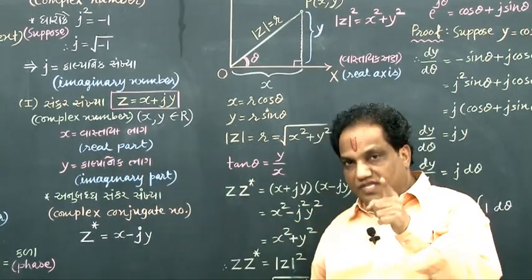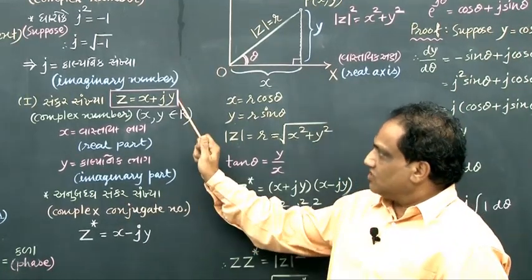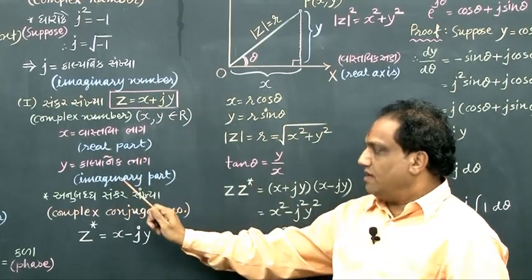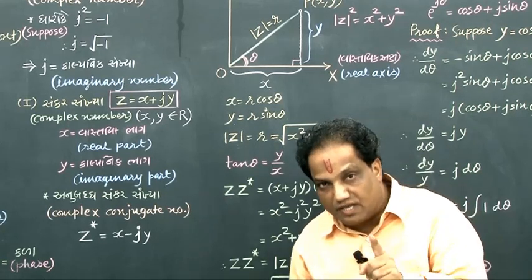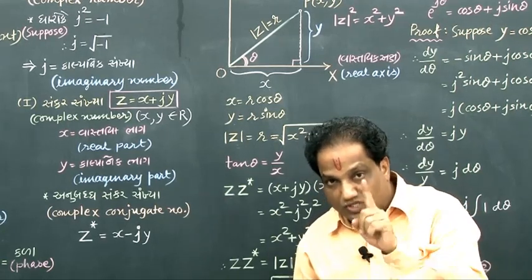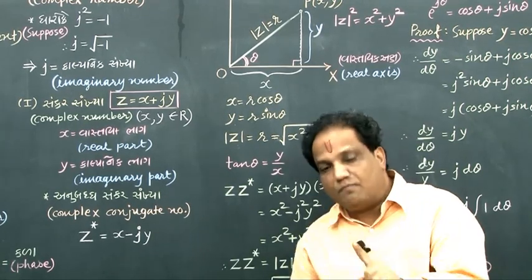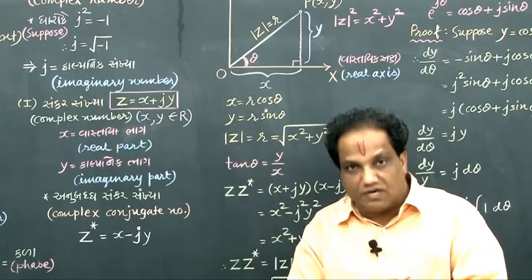Don't say real number, say real part of a complex number. And this y, which is the coefficient of j, is called the imaginary part of a complex number. Don't say imaginary number. y is not an imaginary number, y is a real number, but y is known as the imaginary part of the complex number.